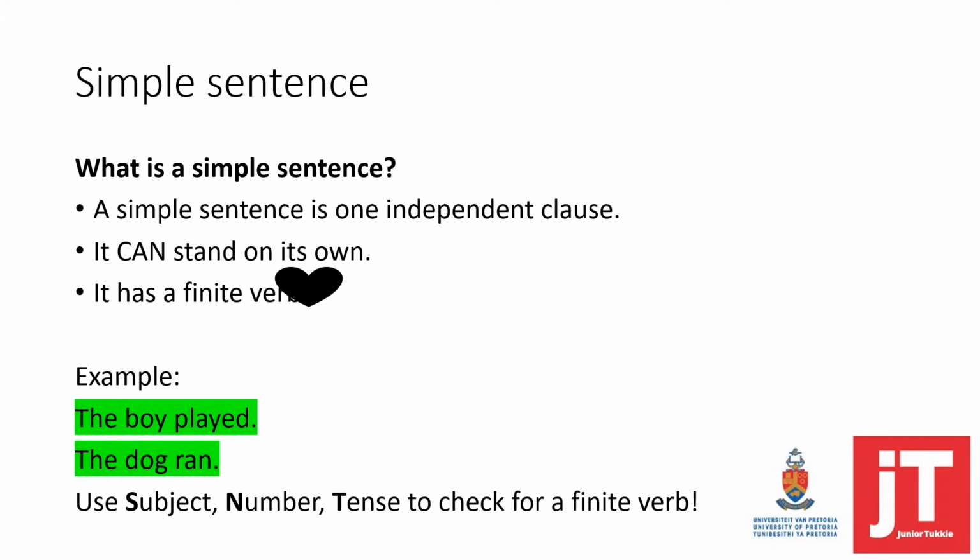The boy is singular, therefore it does have a number. Does the sentence have a tense? Yes, played is in the past tense. Therefore, the finite verb in this sentence we will know is played. You can use this rhyme to check for any finite verb in any sentence.